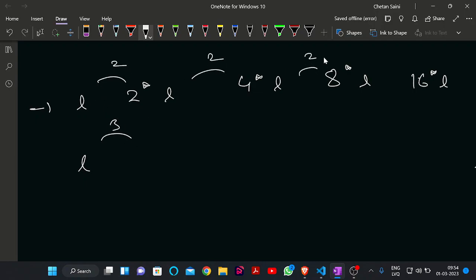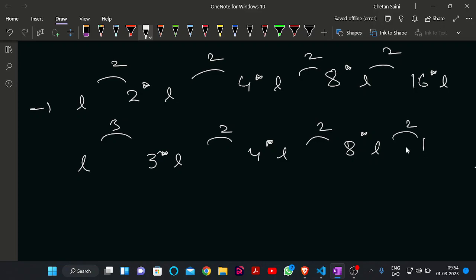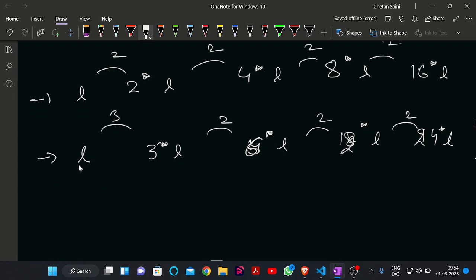We are multiplying 2, 2, 2. If we multiply with 3 and then again 2, then this will be 6, this will be 12, and this will be 24 into r. This can also be a possible condition.